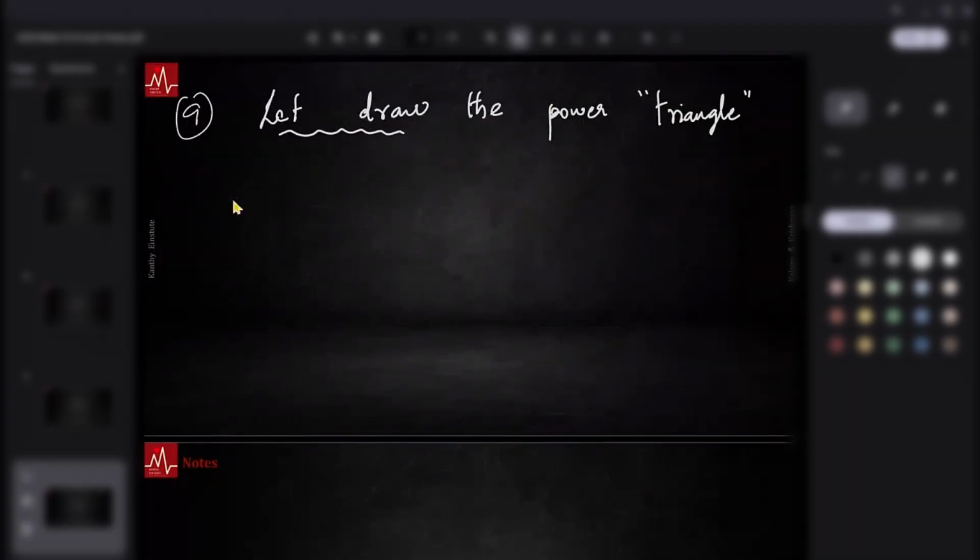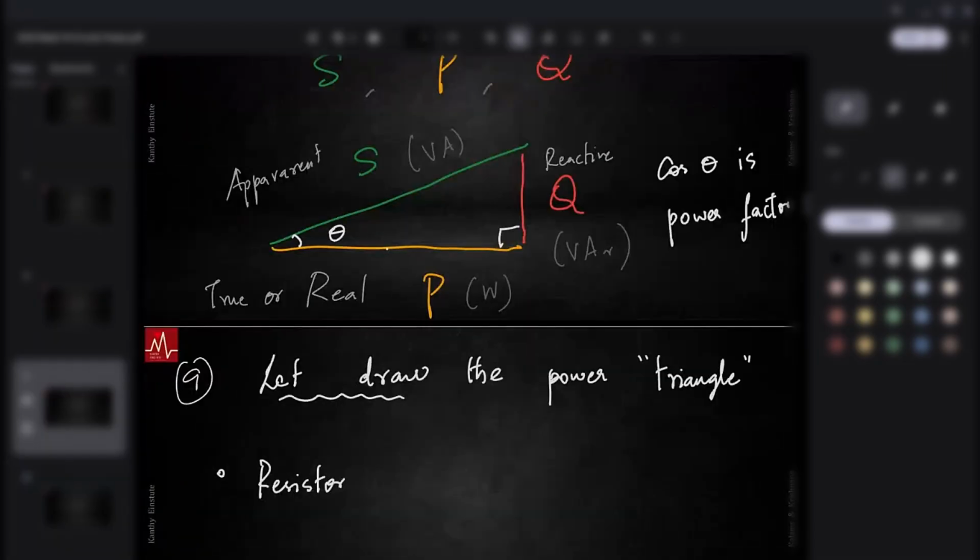Okay. First one. For a resistor, how should the triangle look? Guesses? For a resistor, Q is 0.